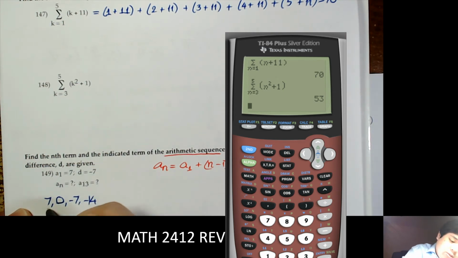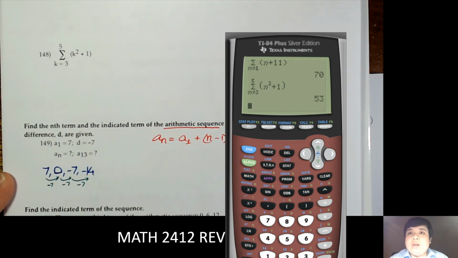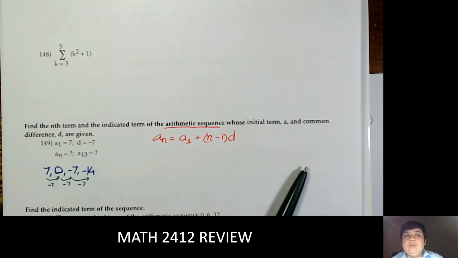So pretty much we subtract 7 every time. And the negative 7 is the common difference.